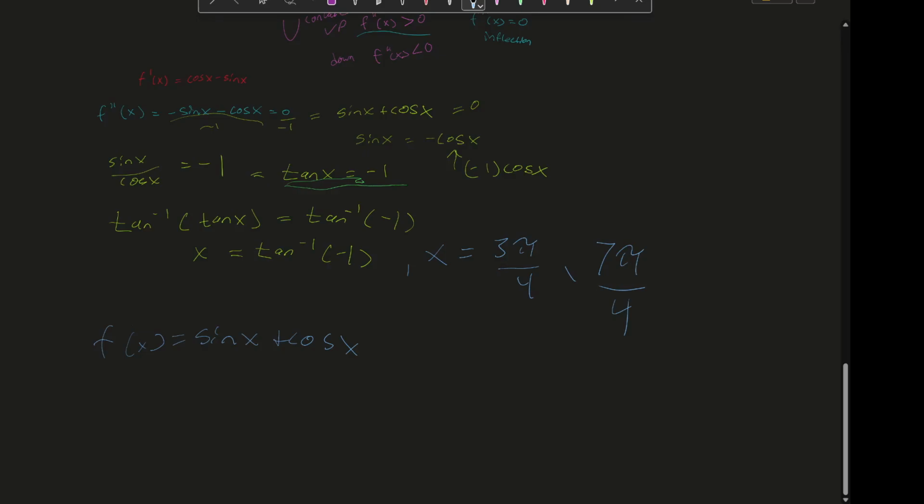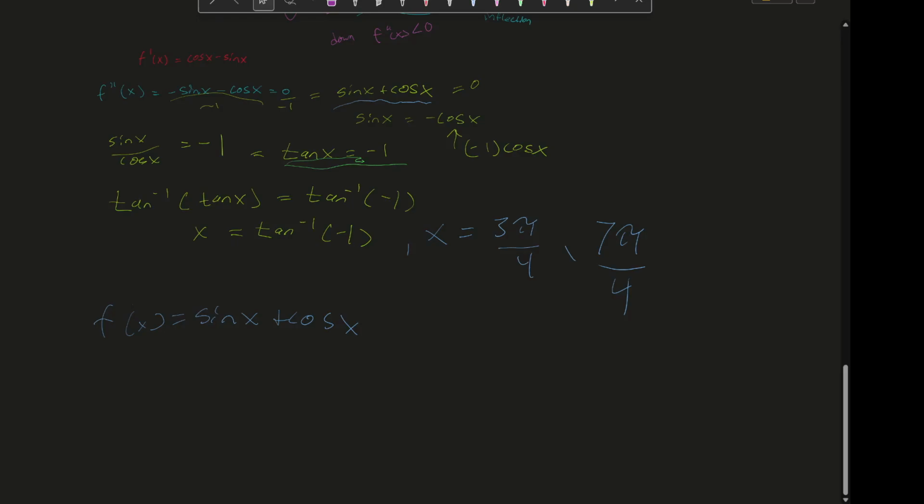And notice the second derivative, when I divided out that -1, is the same as your original function. That's just a property of the sine and cosine trig functions: you take a derivative and it's the opposite one, maybe negative, and then you take another derivative and it's back to what it was before, but negative. Those are patterns that you see with those.